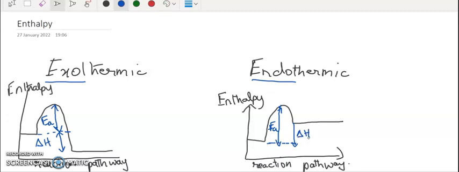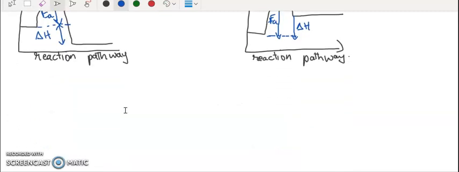So now let's go over the definition of enthalpy. The difference in energy between the reaction and the surroundings is called the enthalpy change and is represented with the simple delta H, which we have represented here. Now that we know what enthalpy change is, let us see the formula.